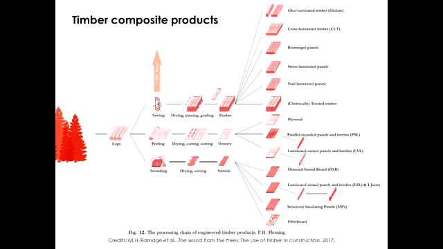Now, what we've seen so far were all natural products, just natural timber products. We also have plenty of composite products. And the way to look at this diagram is that you start from the timber logs, and there will be three main families of composite products, starting from timber boards, from veneers, and strands.